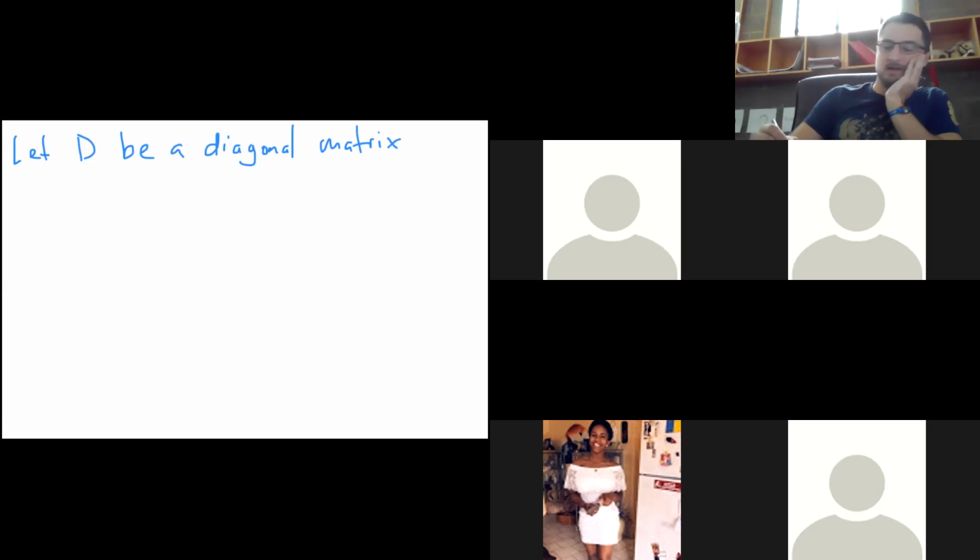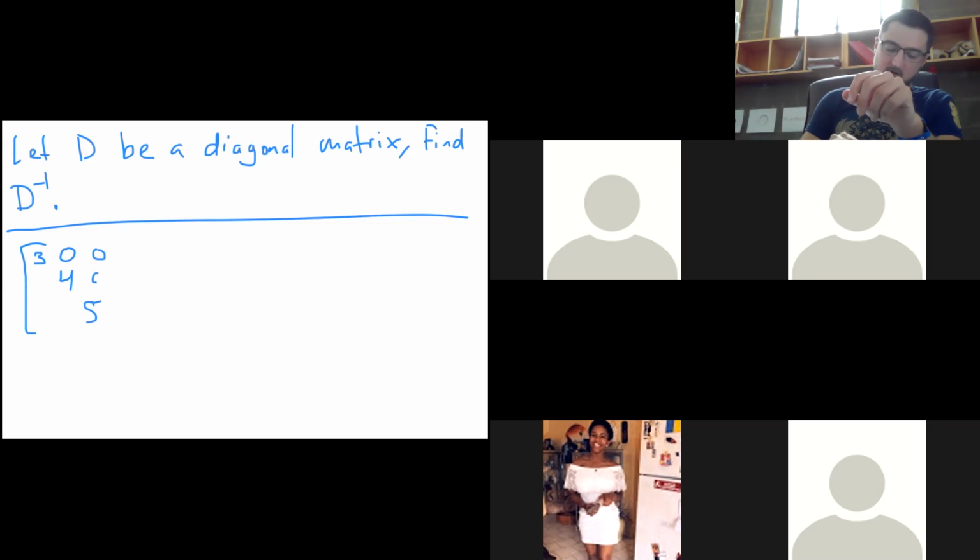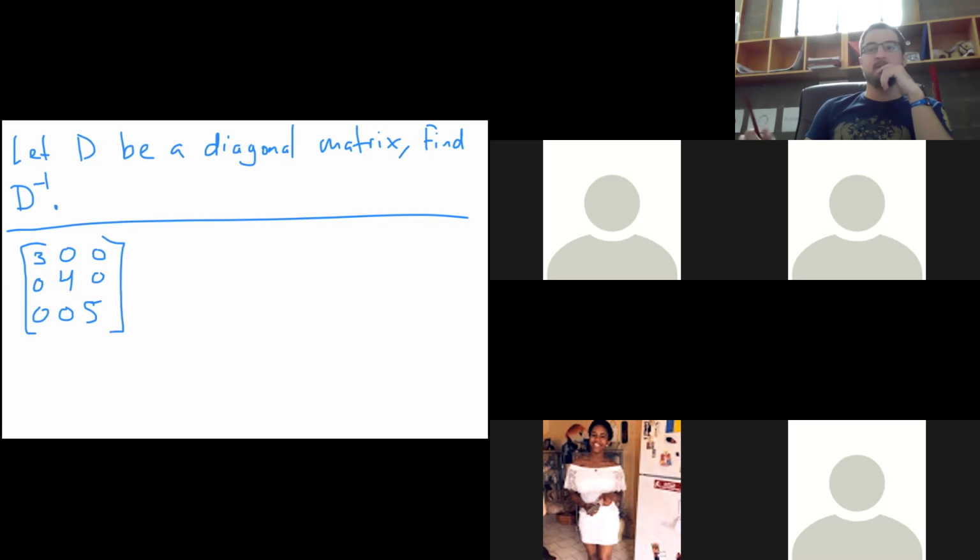We're going to let D be a diagonal matrix, and our goal is to find what the inverse of this thing is going to look like. And it's a very, very easy thing, because remember, a diagonal matrix is something like 3, 4, 5, where all my non-zero entries are on the diagonal, and I have zeros elsewhere.